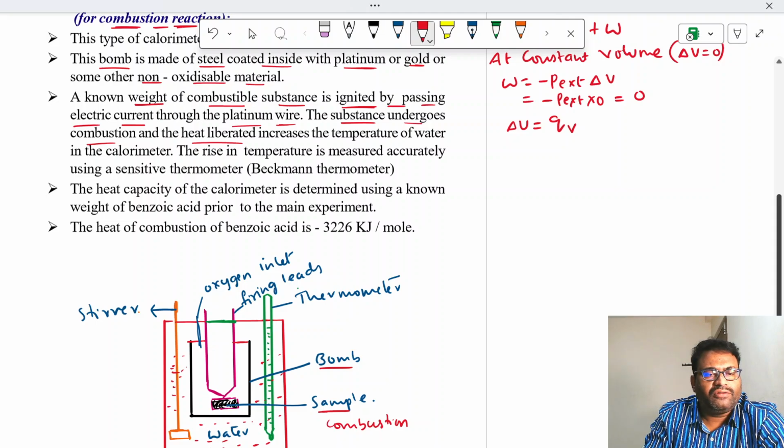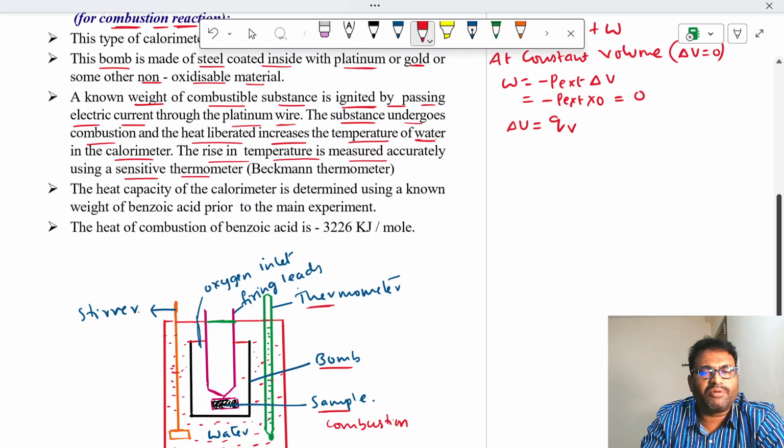When the water along with the bomb takes that heat energy, there will be a rise in temperature. The rise in temperature is measured accurately using a sensitive thermometer.